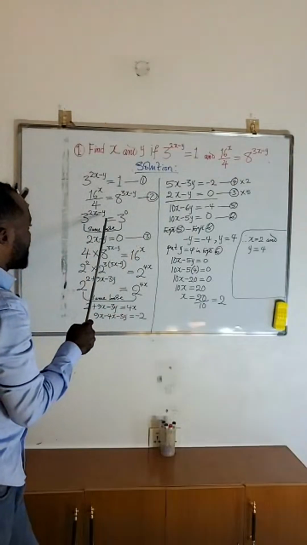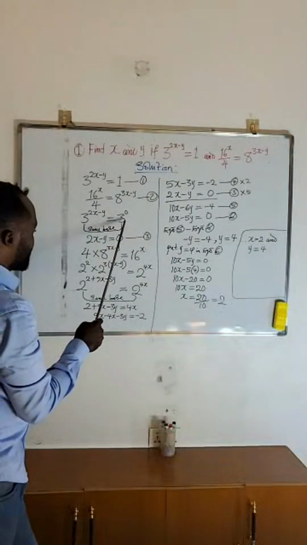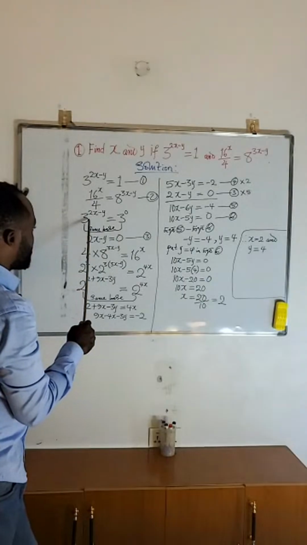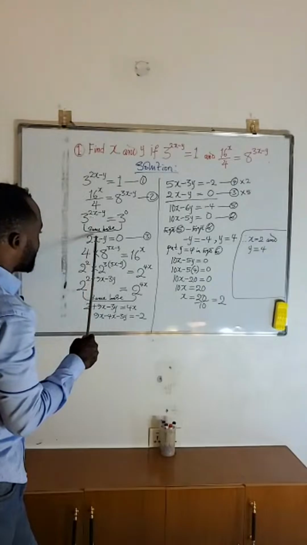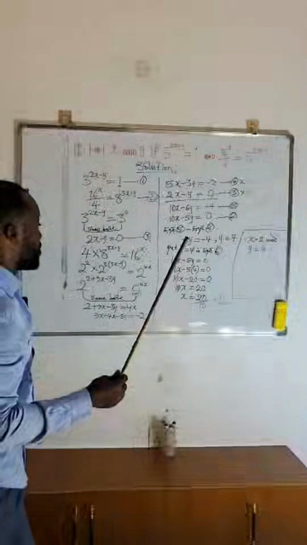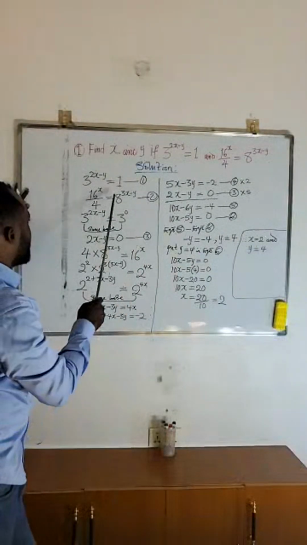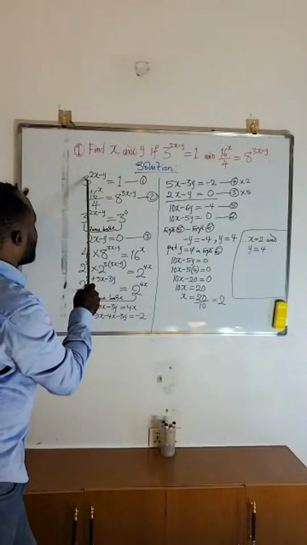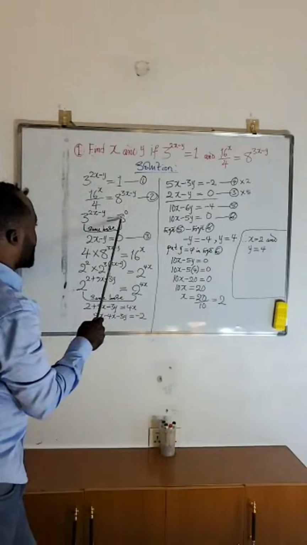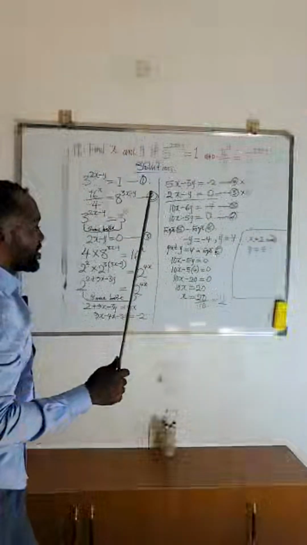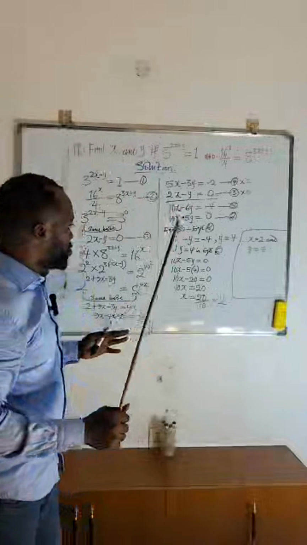But because they are still in the indicial formats, we have to reduce them to a normal simultaneous equation format. Do not forget. We know here that for us to do away with the bases, any number raised to the power of 0 is 1.